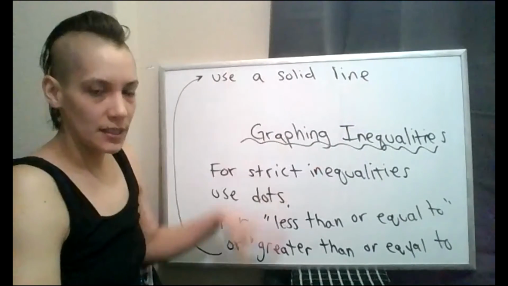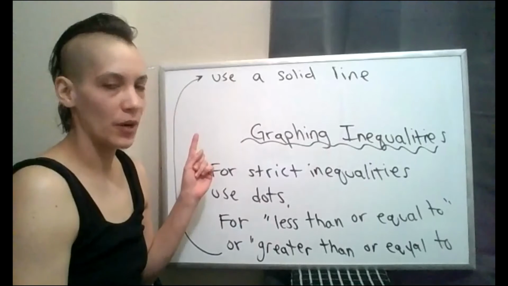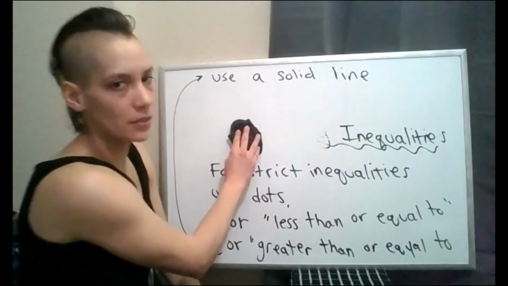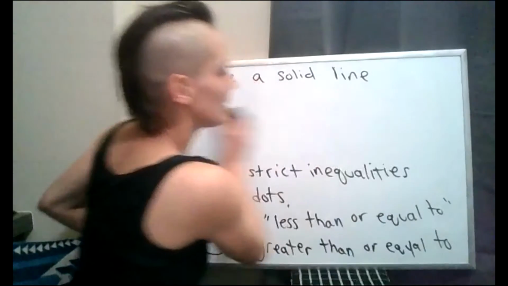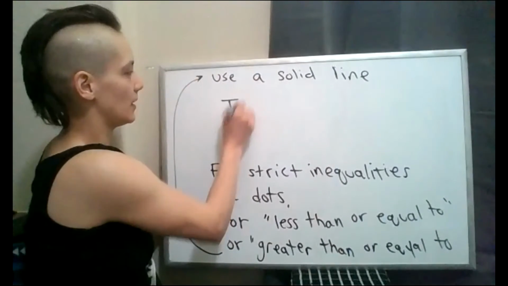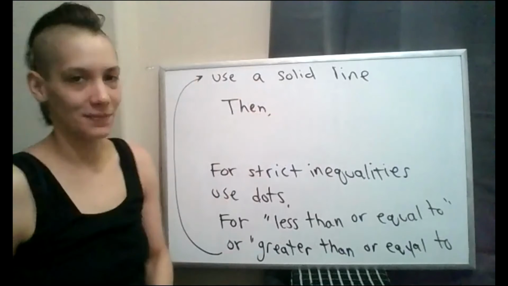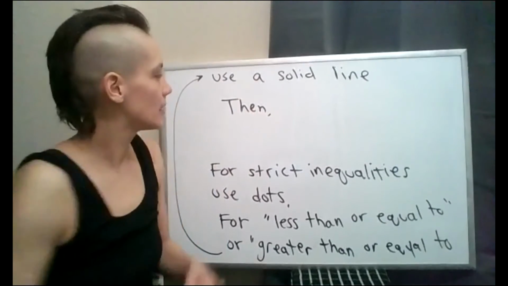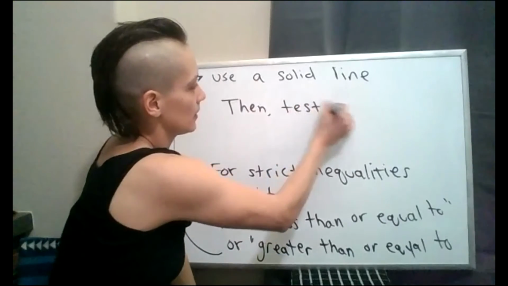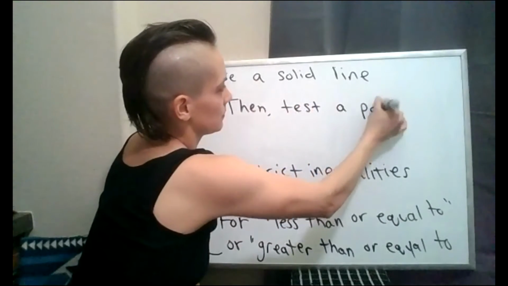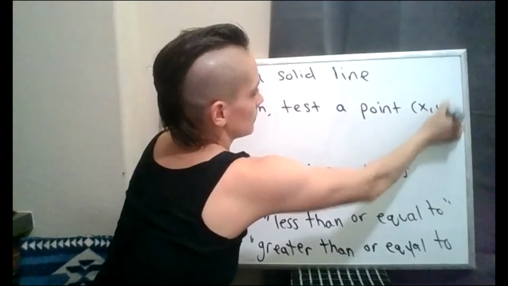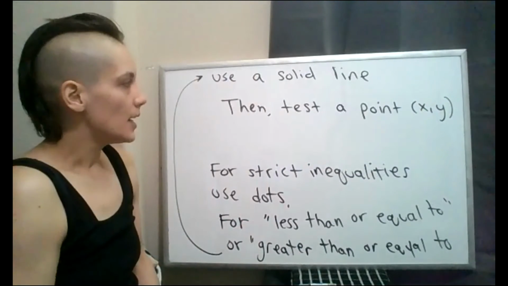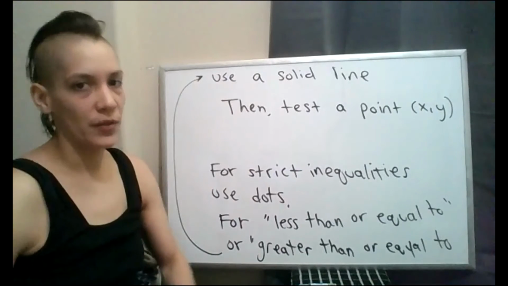I did all these things really quickly when we were working on that problem before. But we're going to slow it down, write these steps out, and redo that problem. Test a point, so test any x, y, and put that into your expression, whatever problem you're working on. If you have a true statement, you've found a solution.